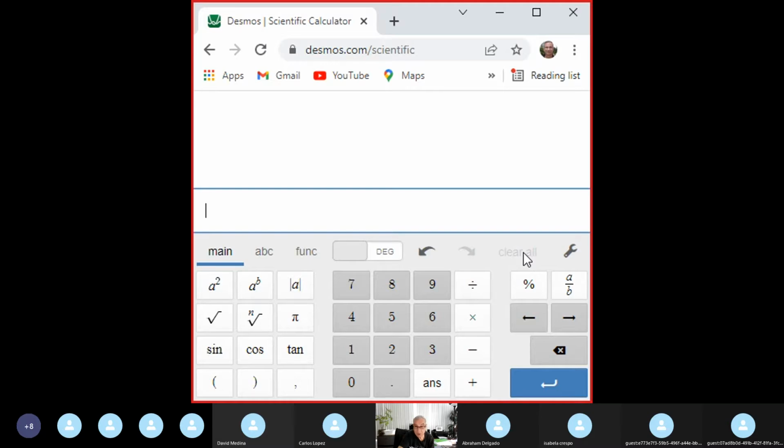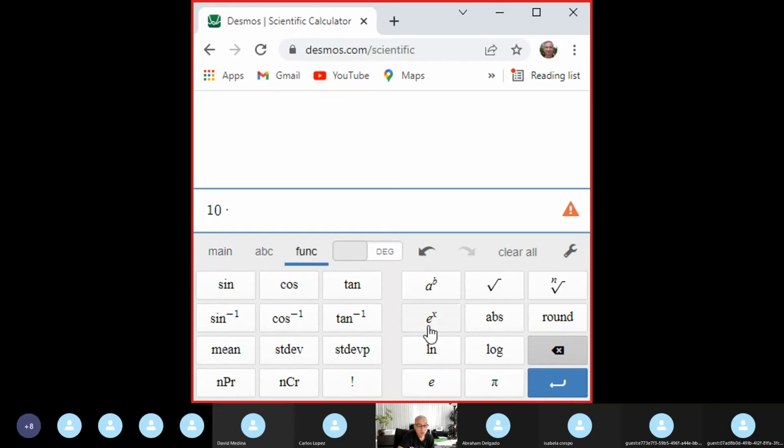The thing I tried to put in the calculator is 10 multiplication exponential function. In the exponent, I put every crazy thing.